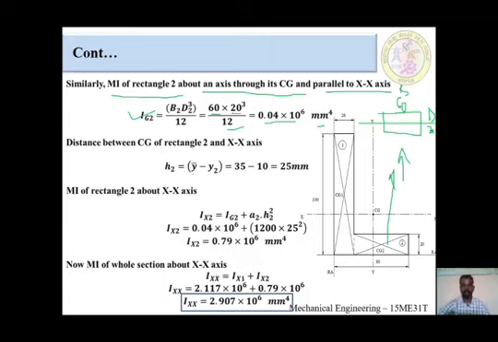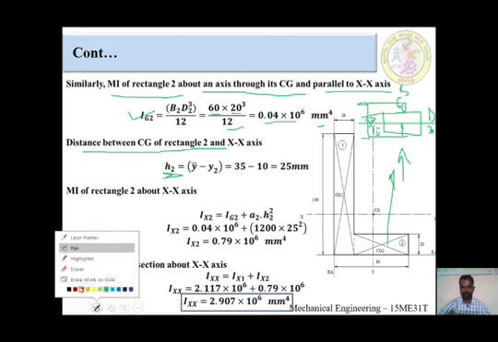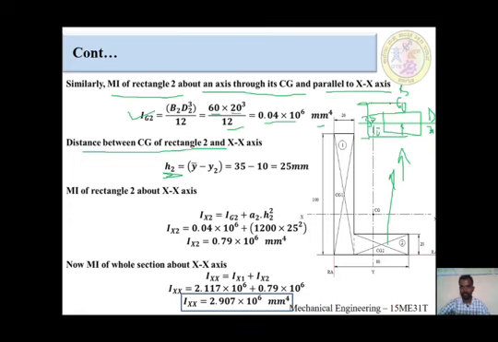After finding this, we have to calculate H2, the distance between the center of gravity and the x-axis. From here, half of the component is 10 millimeter. From here to the y bar value is 35. I always told you this y bar, and this distance is called the h value.